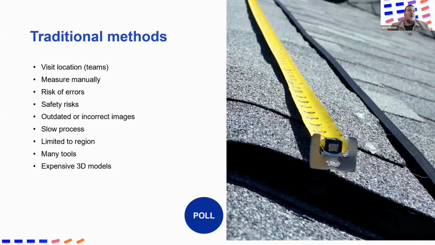Also, if you're working from images, which is also something that happens quite frequently, even an image that was taken half a year ago can already be outdated. Things on a rooftop change, things get added or taken away, which then of course means your plan is not fully accurate. The process is also slow and is limited to region.